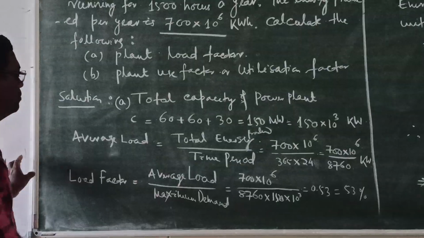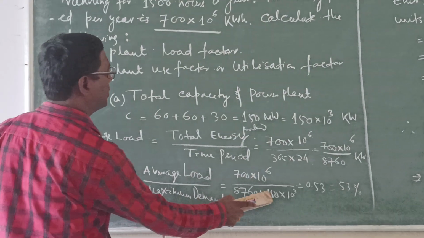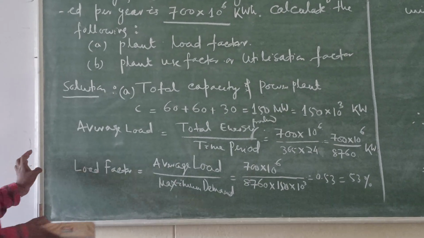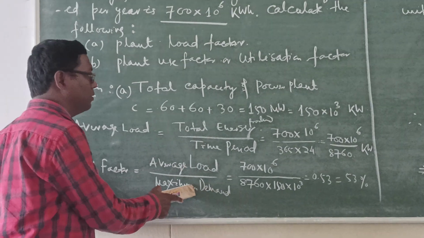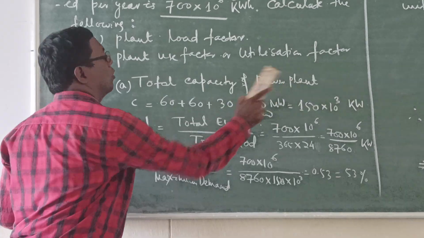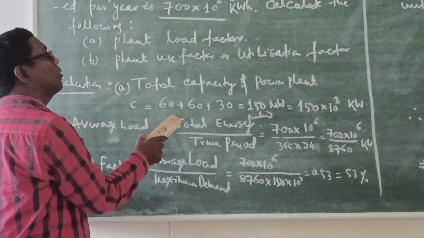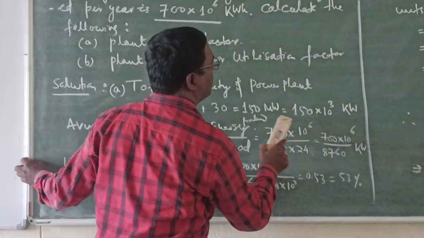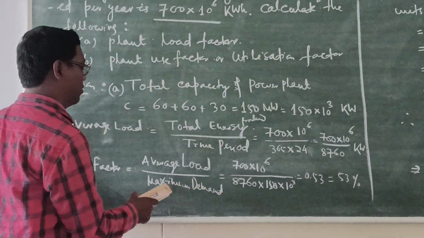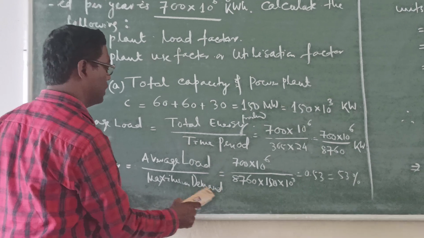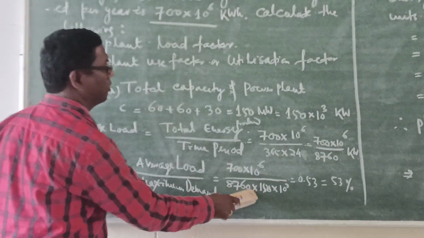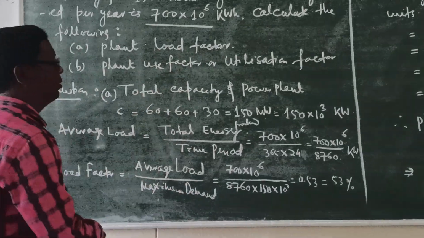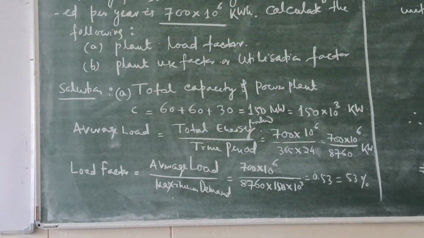Maximum demand is the total capacity of the power plant, 150 into 10 to the power 3. So average load divided by maximum demand, we can find 0.53, which equals 53%.